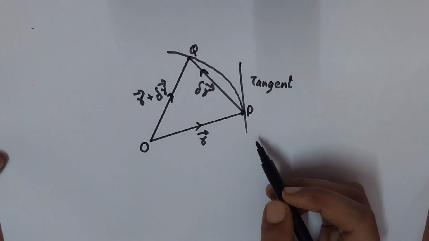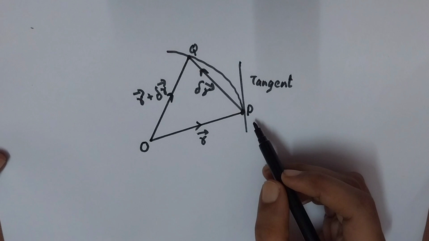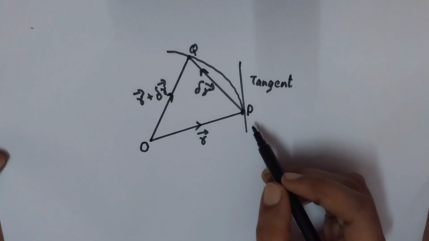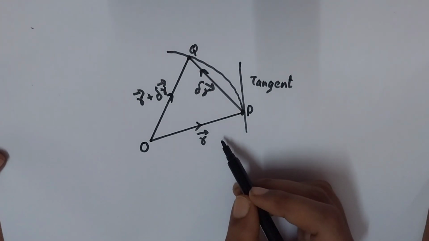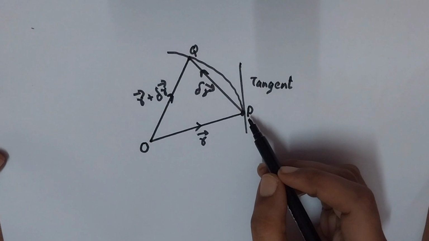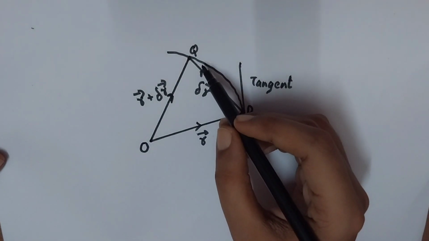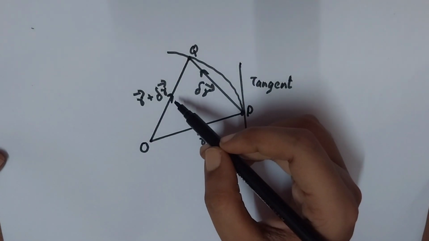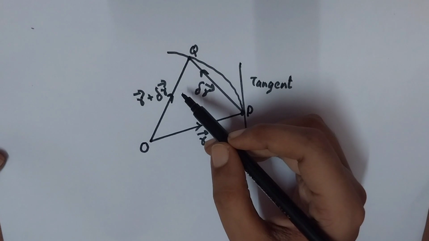Consider a moving particle. Initially it is at point P at time t. Its position vector is r vector. Now after a time delta t, it has reached point Q. Its position vector is r vector plus delta r vector.